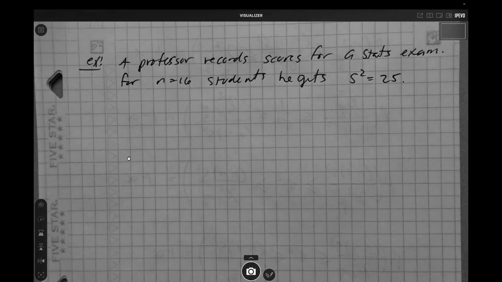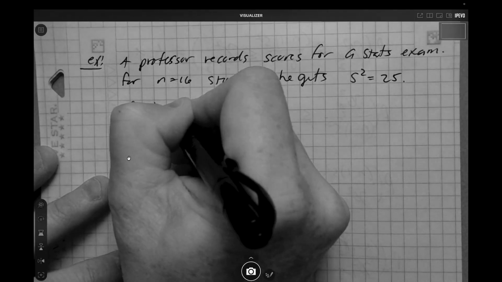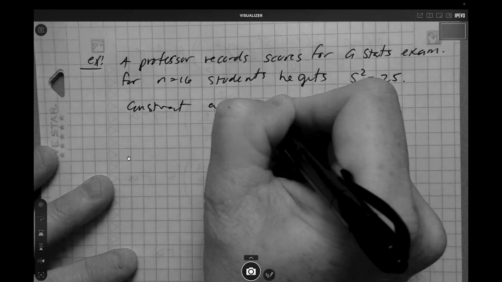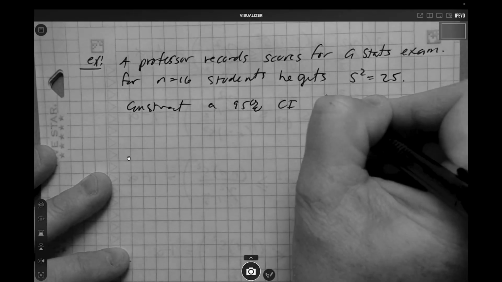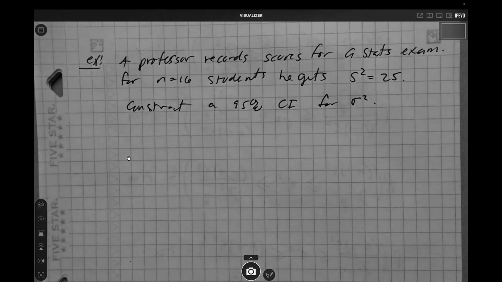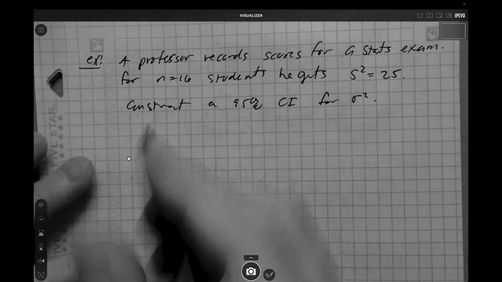What we want to do is construct a 95% confidence interval for the class variance. So construct a 95% CI for sigma squared. Okay, so this is super straightforward, right? Very easy. We know the formula pretty much.